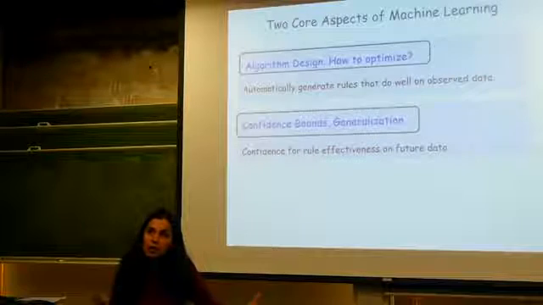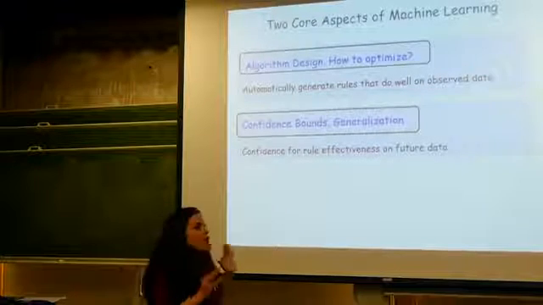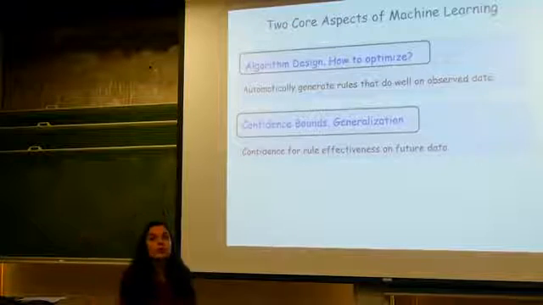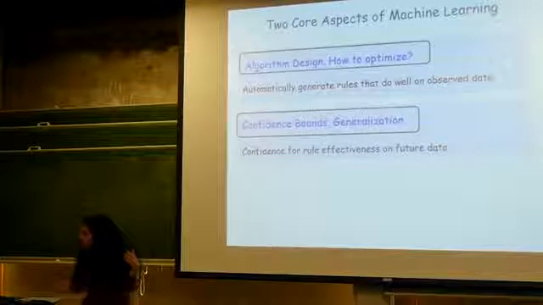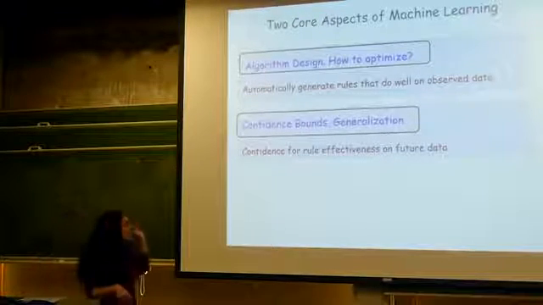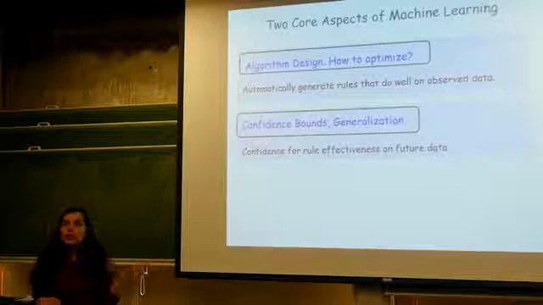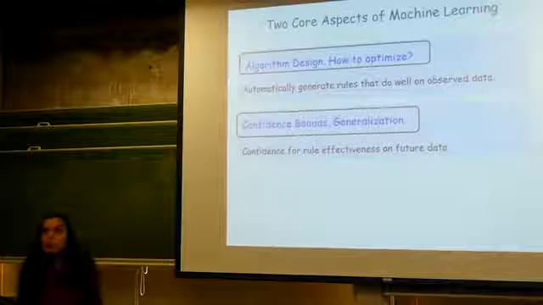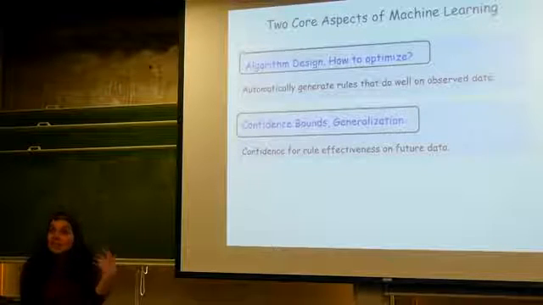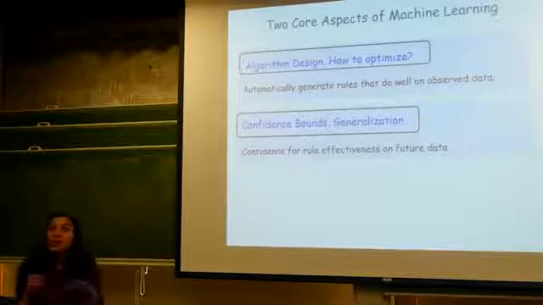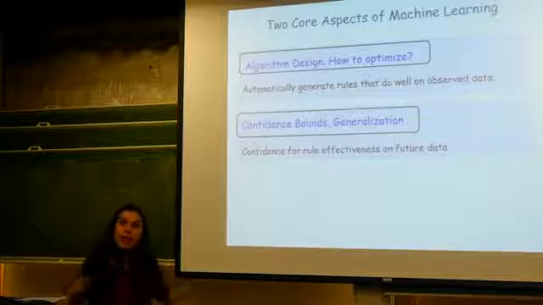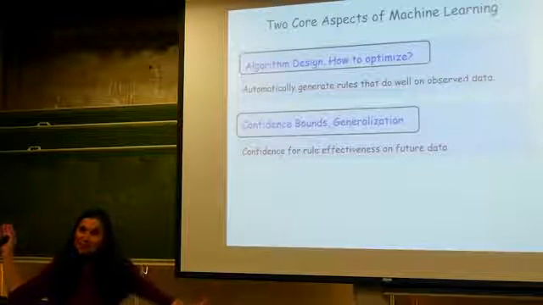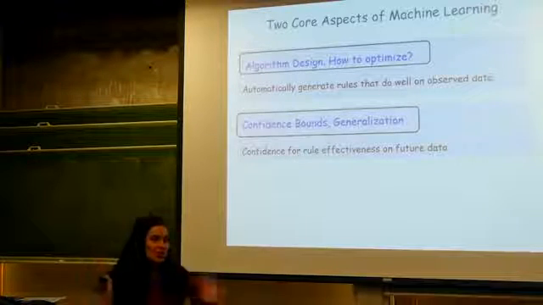Can we have fast algorithms that do well over the observed data, explain well the observed data? So this is question number one. Now, question number two, and it's equally important, and Tom talked about it already, is the confidence bound or generalization guarantees or sample complexity question, which asks how many training samples do we need to see in order to be confident that if we find the rule that does well over the training set, we'll also do well in the future. Okay, this is exactly what Tom just talked about.